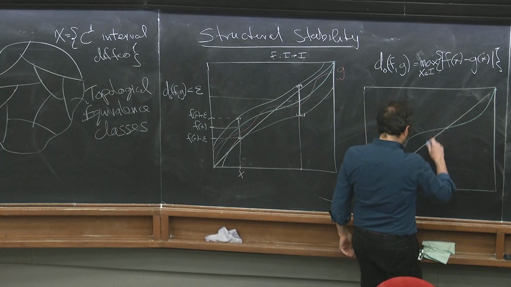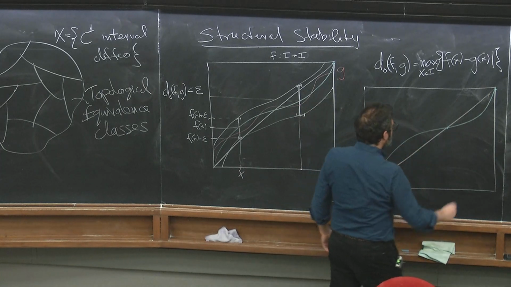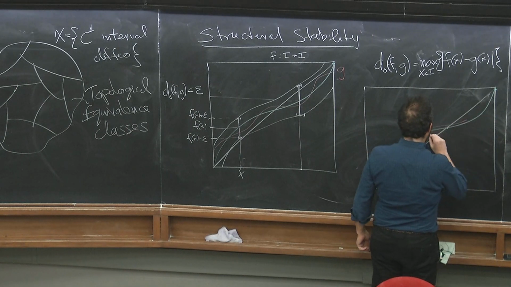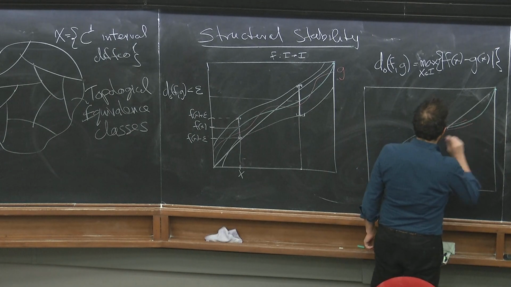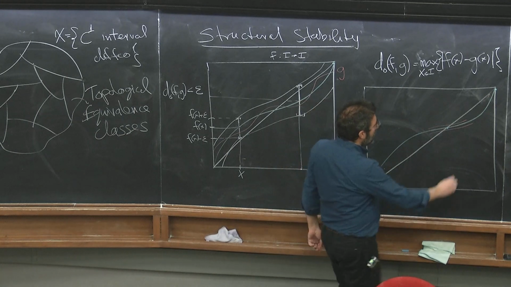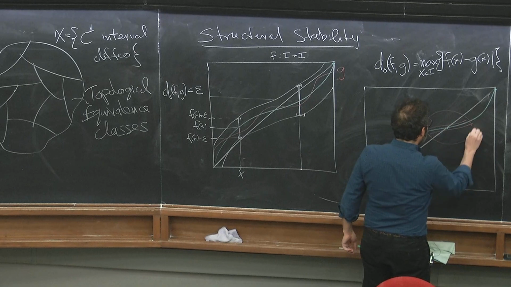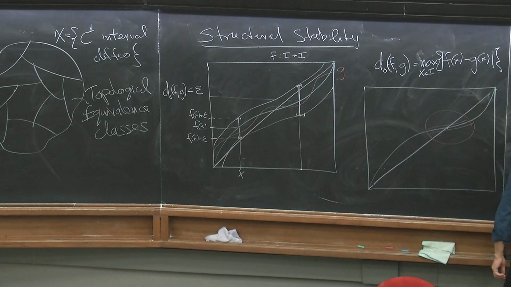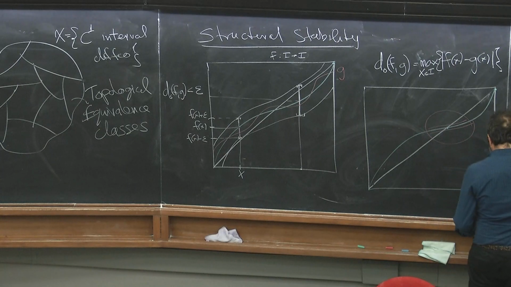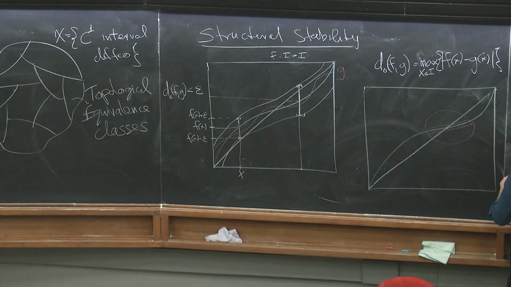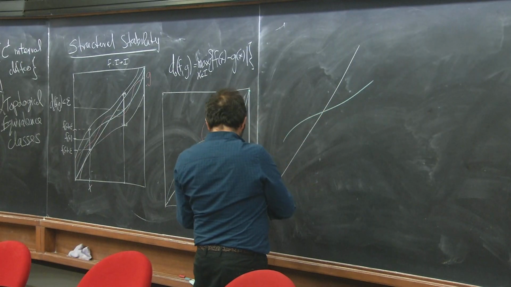because if I take some small epsilon like this, and let me blow this up because otherwise it's too small. So let me just draw it like this. This is the diagonal. This is the graph like this, right?